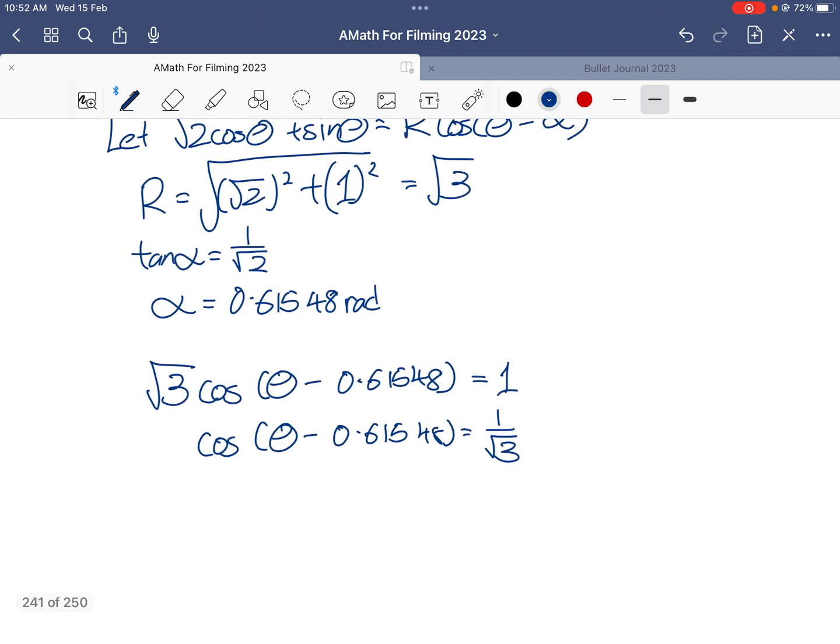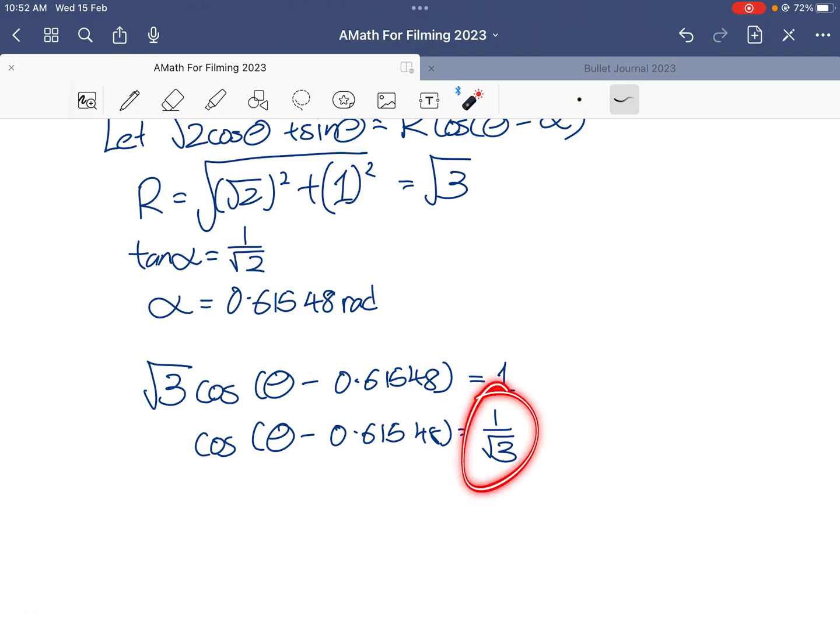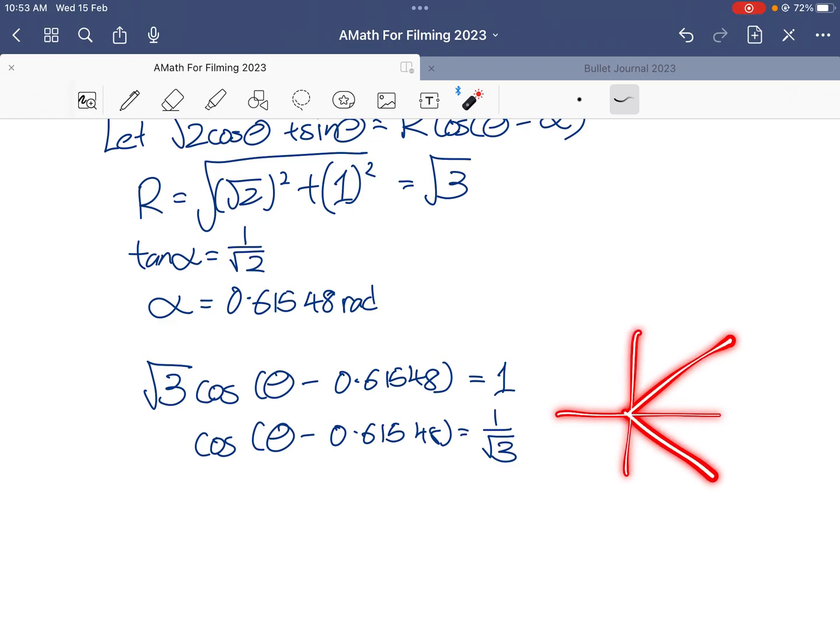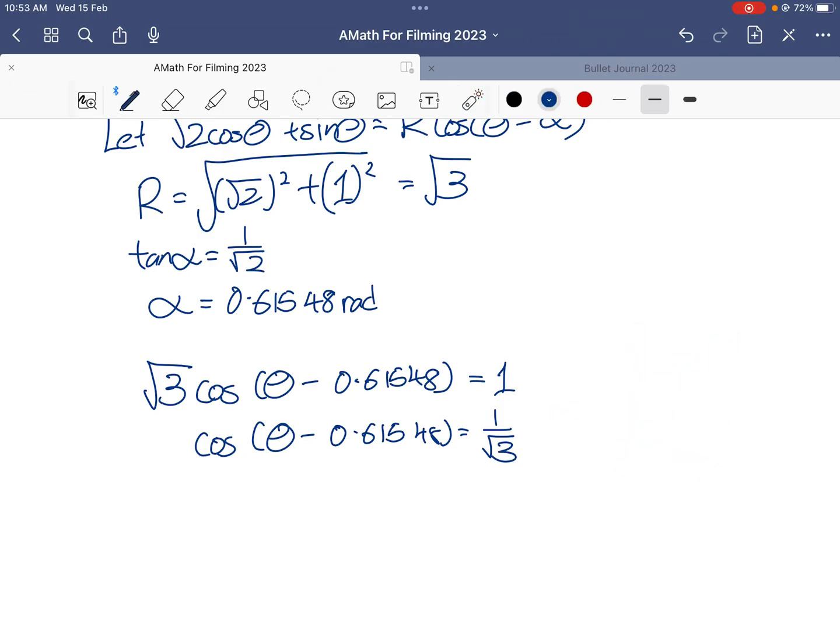Then what I can do is this. If I take inverse cosine of 1 over root 3, since the cosine function is positive, I get the first quadrant and the last quadrant. I will find that my reference angle is 0.95532.